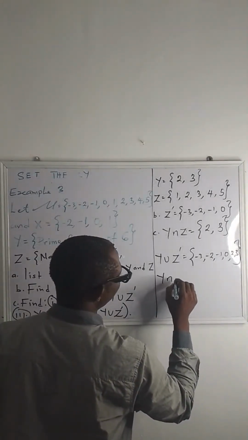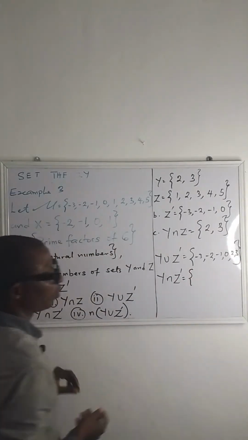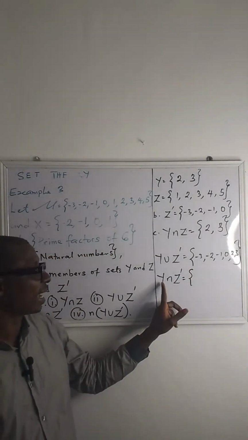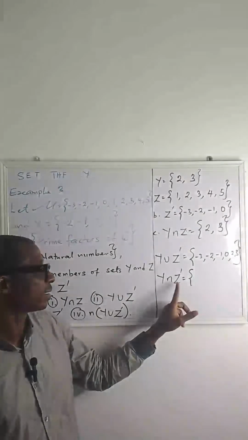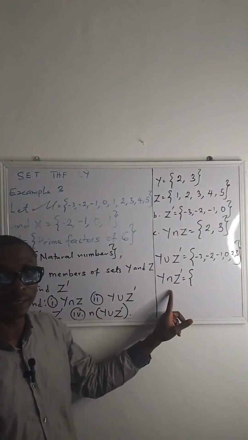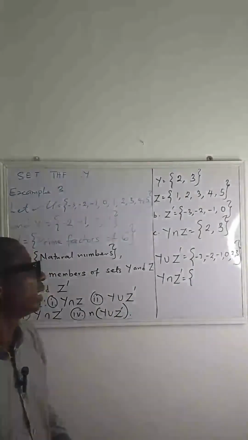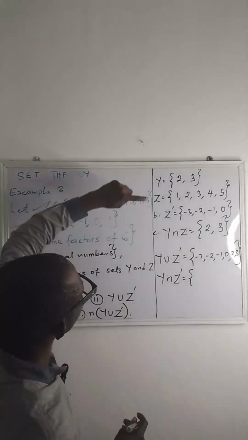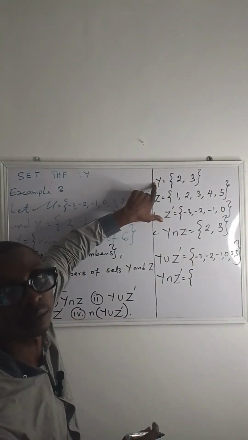Y intersection Z complement. Now we want to look for the elements that are in set Y and set Z complement. Intersection, don't forget, means those elements that are in the two sets at the same time. This is Y, and this is Z complement.